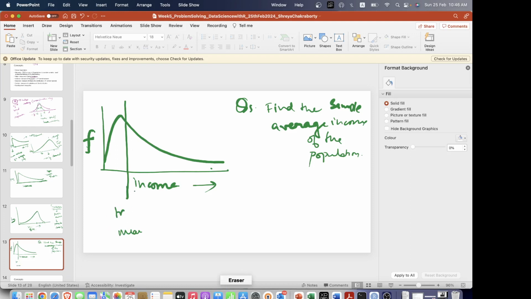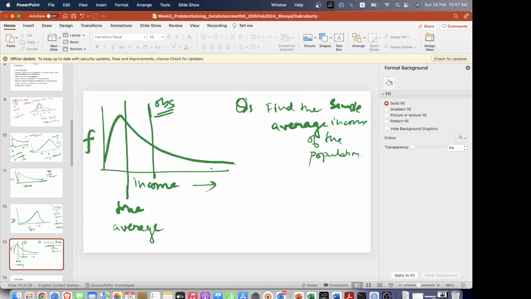But due to the presence of such extreme values, the result that I would get from the mean would be this one. This would be my observed value, which would not be a true representative of the current income scenario in the country.